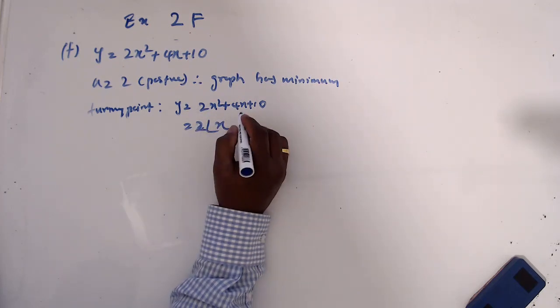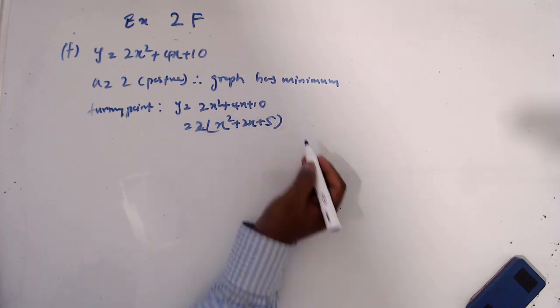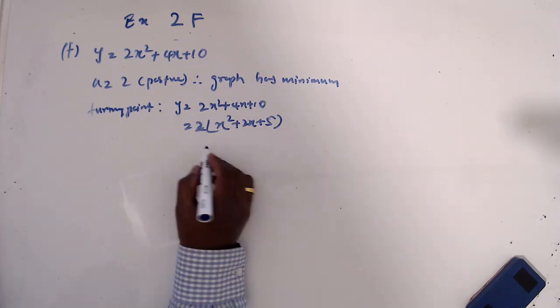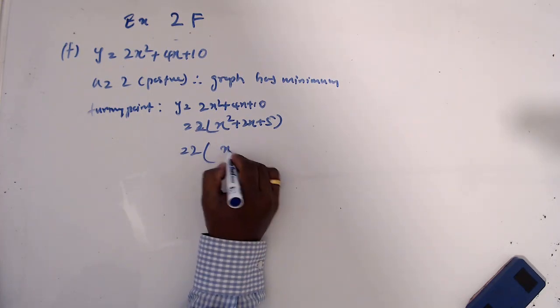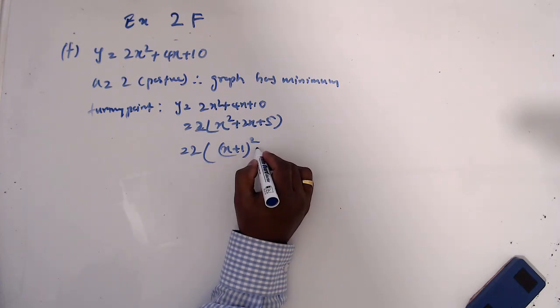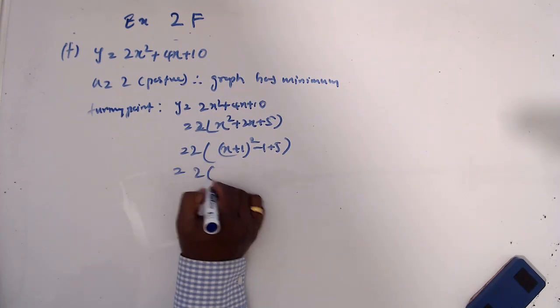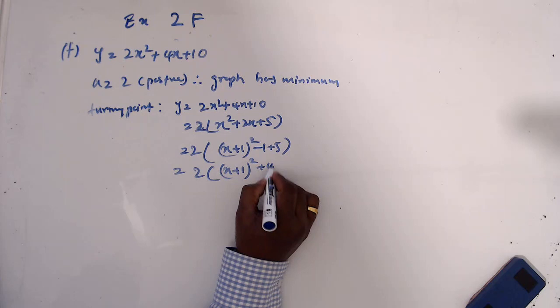To solve x squared plus 2x plus 5 equals 0, we write (x plus 1) squared minus 1 plus 5, so (x plus 1) squared plus 4.